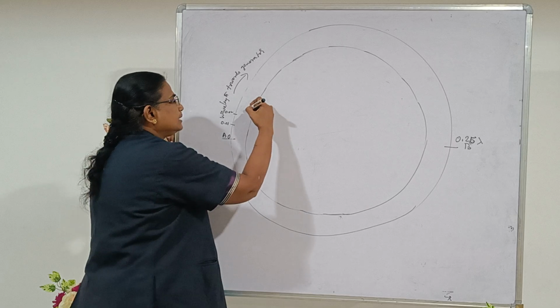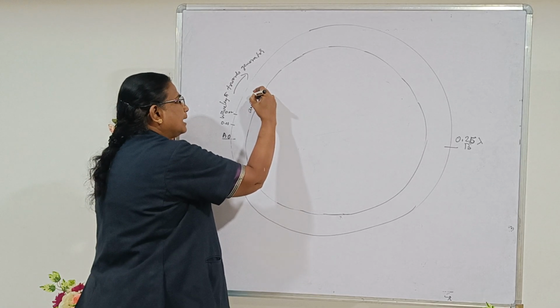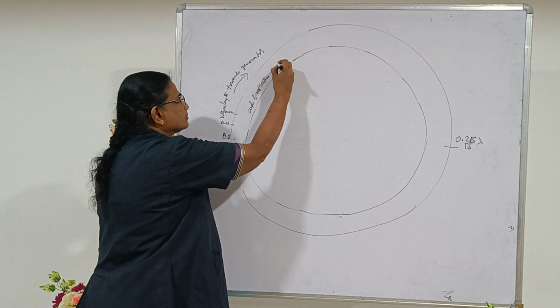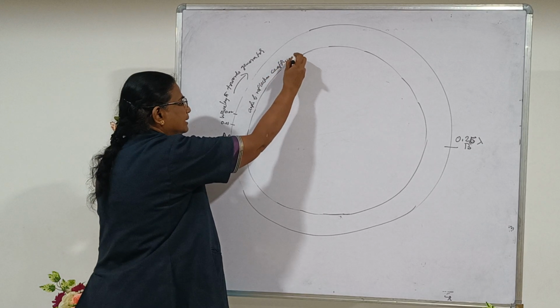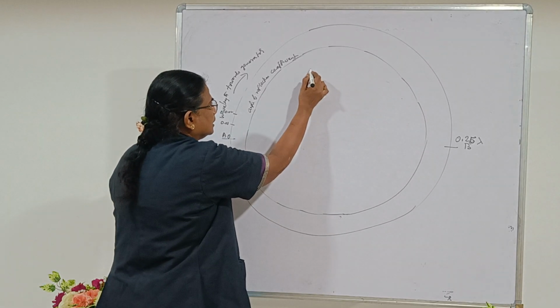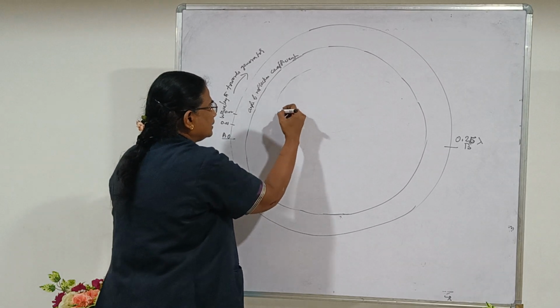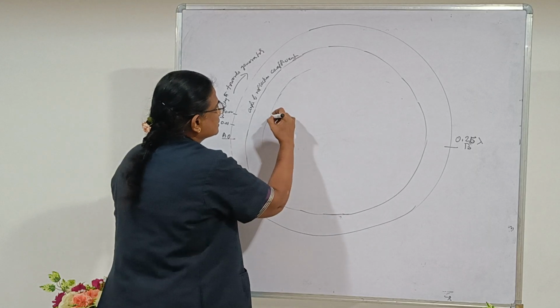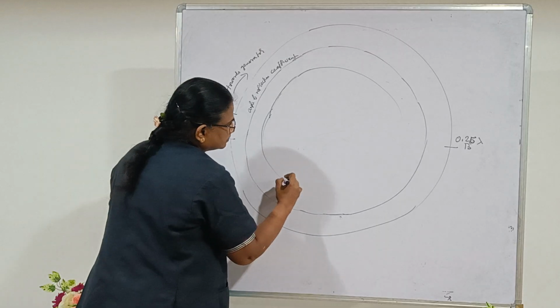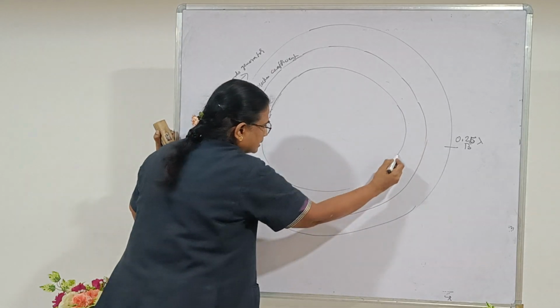The next circle is the angle of reflection coefficient. And then you have another set of circles, which are the R circles.